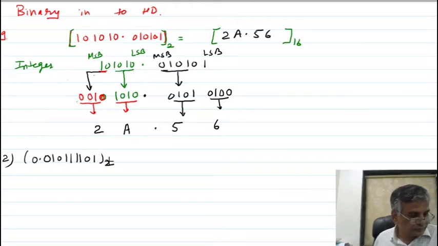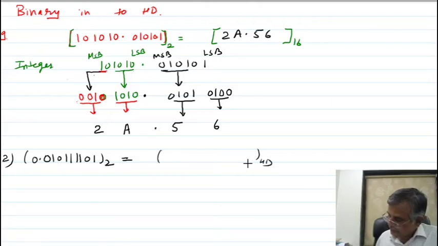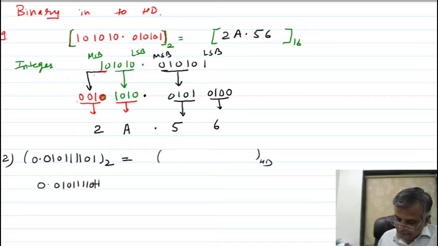0.010111101. Convert this into a hexadecimal number. So what do I have to do? I have to prepare groups of 4 bits. This group I am preparing is 0101.